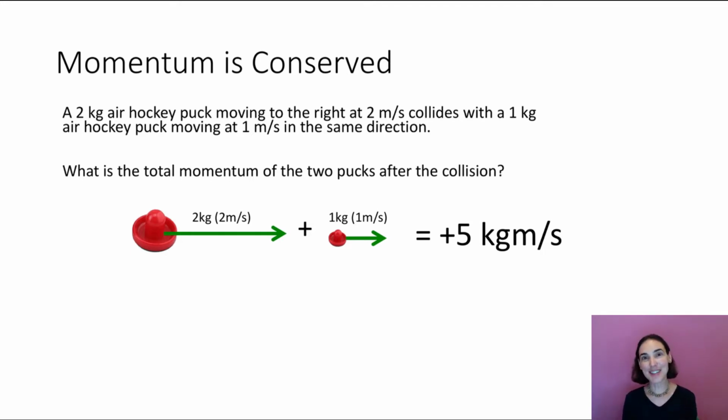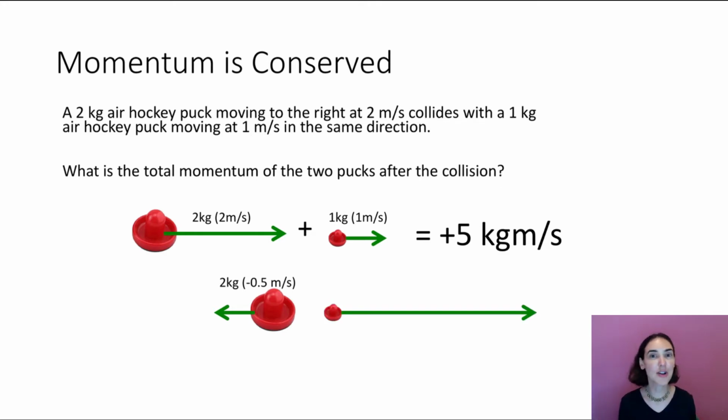And that means that if we know what one of the pucks is doing, we automatically know what the other one's doing. For example, if the big one starts moving to the left in the negative direction at 0.5 meter per second, then the little one is going to have to acquire a momentum to compensate for that, so that the sum of the 2 momenta must still be 5 kilogram meters per second when we add the arrows tip to tail or when we add the quantities.